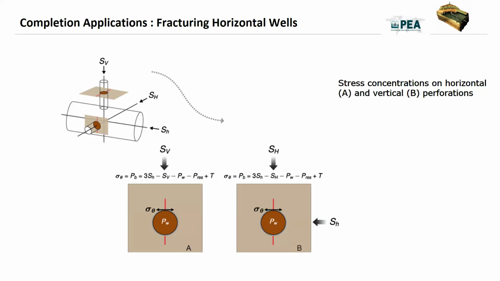That may be coplanar if the perforations are coplanar. So if the well is drilled in the direction of the maximum horizontal stress, we have to perforate only the vertical plane, which promotes fractures that propagate along this axis.